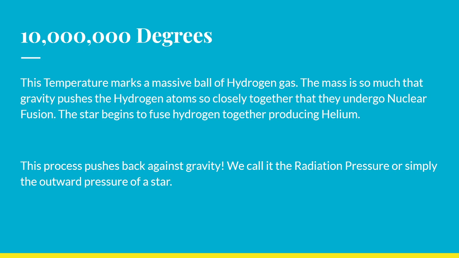Those two hydrogen fuse together and produce helium. And this process fundamentally releases energy, and it pushes back against gravity. We call this the radiation pressure. Sometimes it's referred to as the outward pressure of a star, or the pressure due to nuclear fusion. And that's what we're talking about here: fusion. The stars themselves fuse things together.